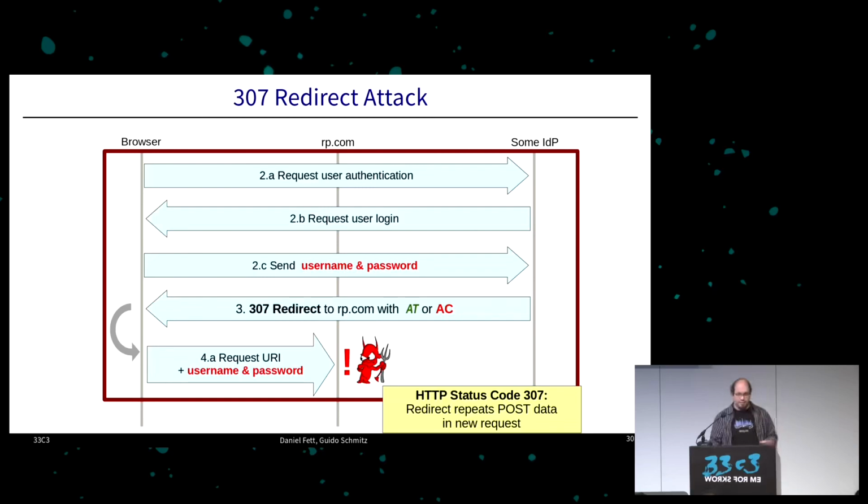Fortunately, we didn't find any identity provider in the wild who actually uses 307, but you can never exclude that there's some implementation which actually makes use of this location redirect method. Also, if you look at the standard, how these are defined, it's not always clear which redirect method has which details and behavior.